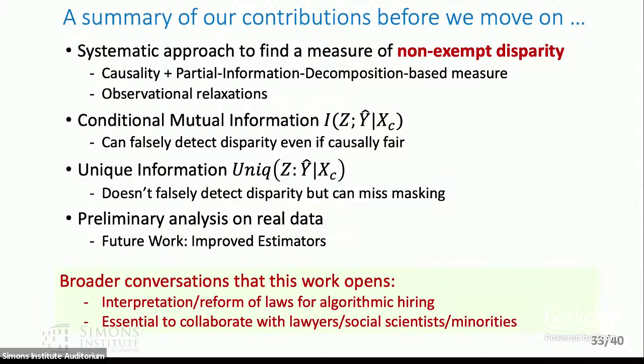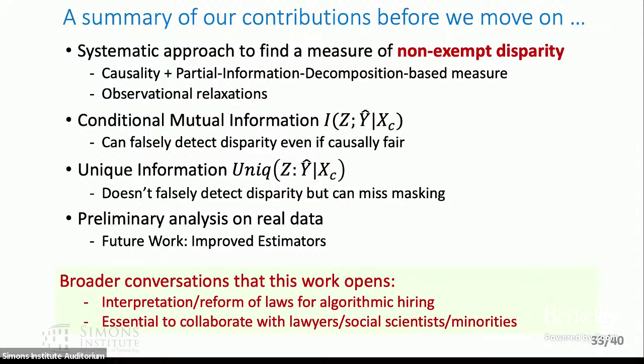So, a summary before we move on: this work provides a systematic approach to finding a measure of non-exempt disparity. And conditional mutual information, or naively conditioning on features, can falsely detect disparities, even if they are causally fair. But unique information doesn't falsely detect disparity, though it can sometimes miss masking effects.